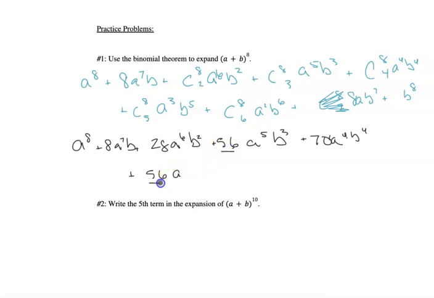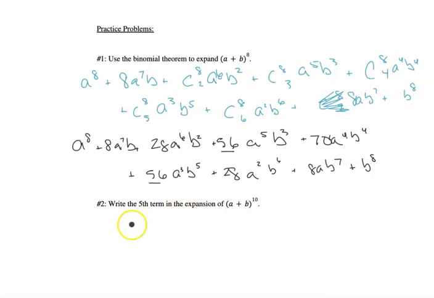This one was 56, so this one's 56. A to the 3rd, b to the 5th. And by symmetry also, I have 28, a squared, b to the 6th, plus 8, a, b to the 7th, plus b to the 8th.